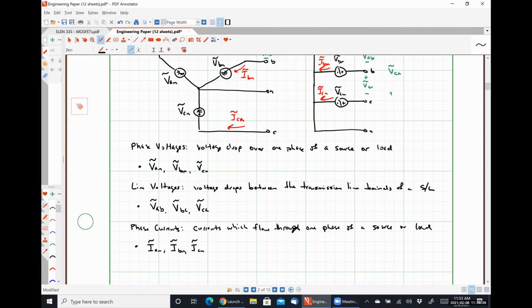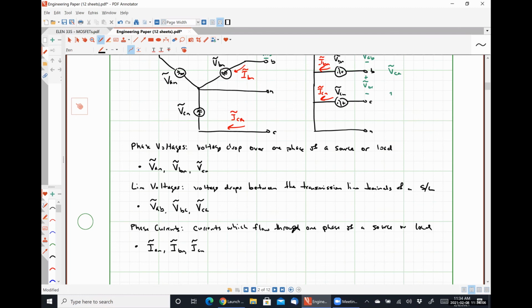Now, another thing that I want to be very clear about is we're going to be using double subscript notation for literally everything in this section. The first subscript for the voltage represents the positive polarity terminal. The second subscript on a voltage represents the negative polarity terminal. The first subscript on a current represents where the current is originating.